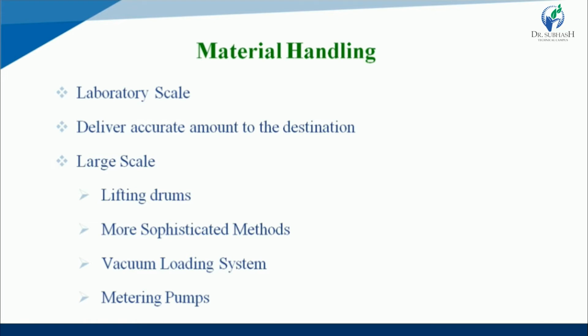While at large scale, for material handling purpose, lifting the drums is required. For transportation, more sophisticated methods are used. During large scale, a vacuum loading system is used for material handling purpose and a metering pump is used.